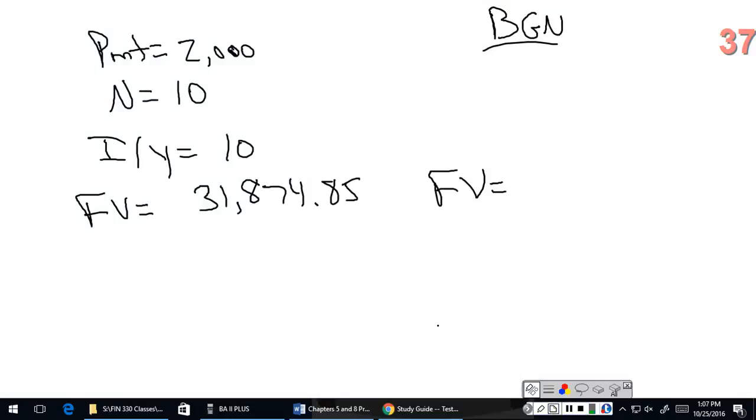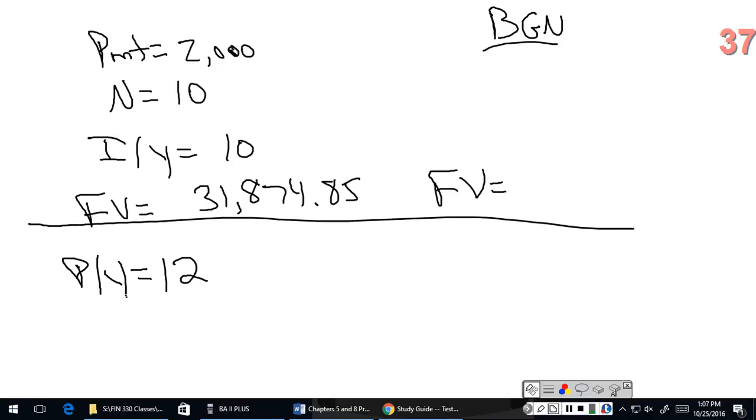The only difference is we're going to change our calculator on this one to payments per year is 12. And we need to change back to the end of period payments.